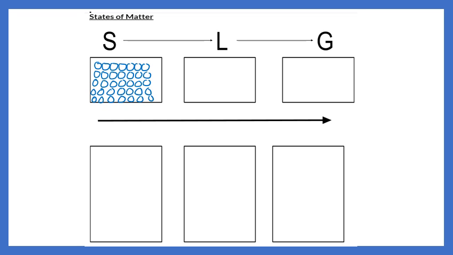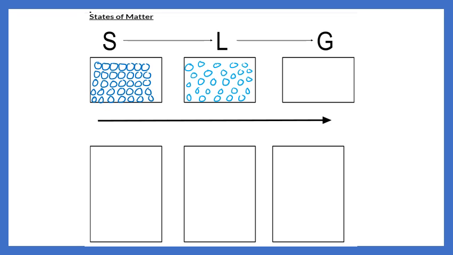Liquids have, as you noticed in your demo, the same distance as the solids, but they're able to flow a little bit more, so they kind of get mixed around each other. They're kind of messier.